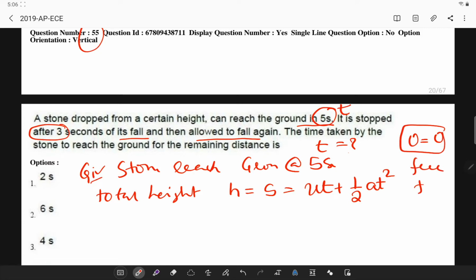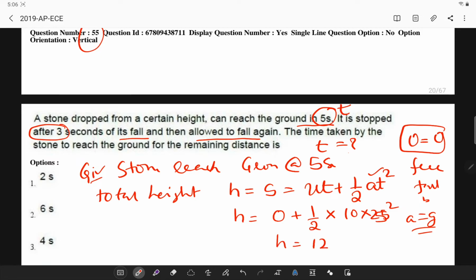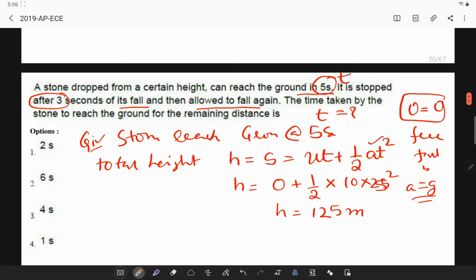So here h is equal to 0 plus half into a, where a is g, gravity, so 10 into 25, or I can write 5 square. So h will be 125 meters.